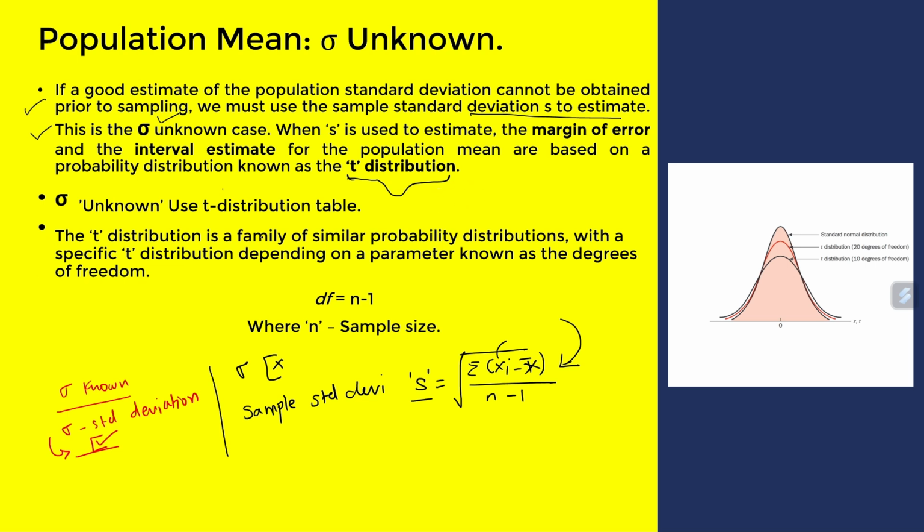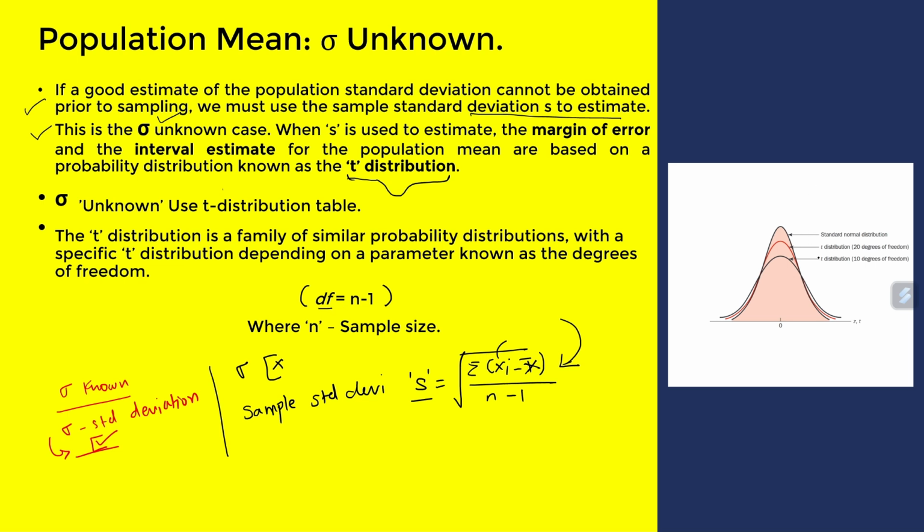The t distribution is a family of similar probability distributions, with a specific t distribution depending on a parameter known as degrees of freedom. So in order to find the value of t, we will need degrees of freedom. How do we calculate degrees of freedom? We subtract: n minus 1 gives us the degrees of freedom.